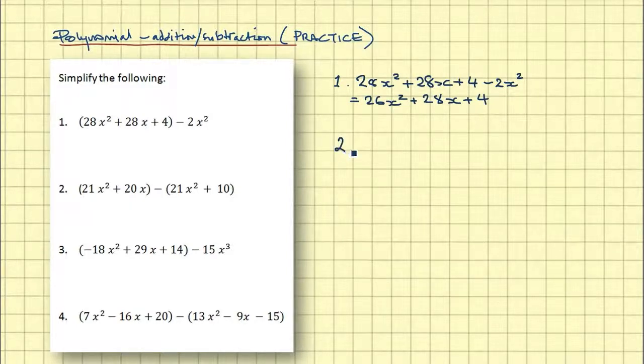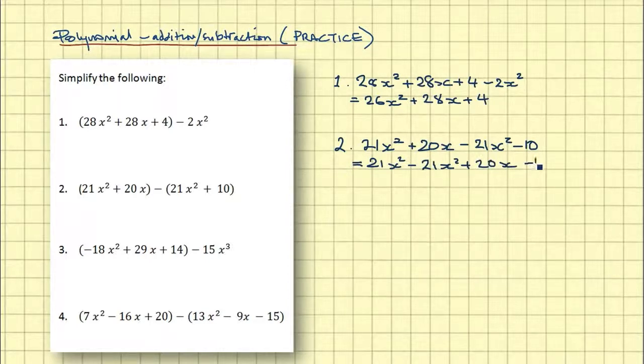Okay, let's then start by removing those initial brackets. So for 2, we can just drop the first set of brackets, so we've now got 21x squared plus 20x. Now we subtract 21x squared, but we distribute that negative to the 10 as well, so we also subtract 10. Okay, so now we can rearrange, and I'm going to do that just to show you how that can commute.